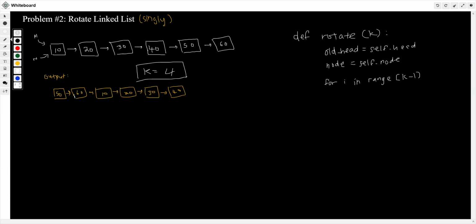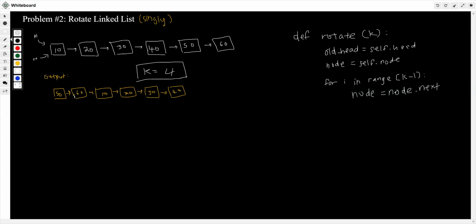So we have to go k minus 1 because off by ones are annoying. All this code here is just saying move on to the next one. If we were in an array we would just increment by 1, but this is a linked list, so we just say node.next.